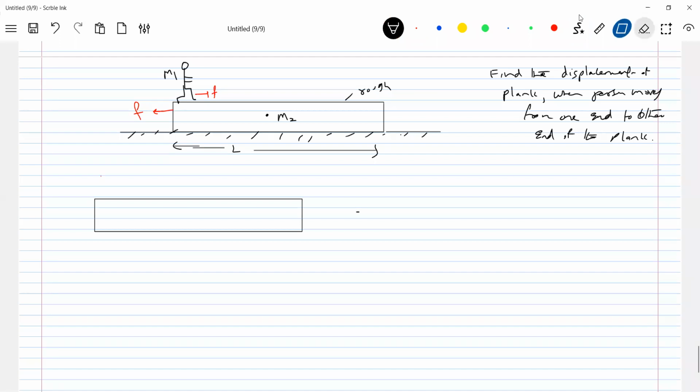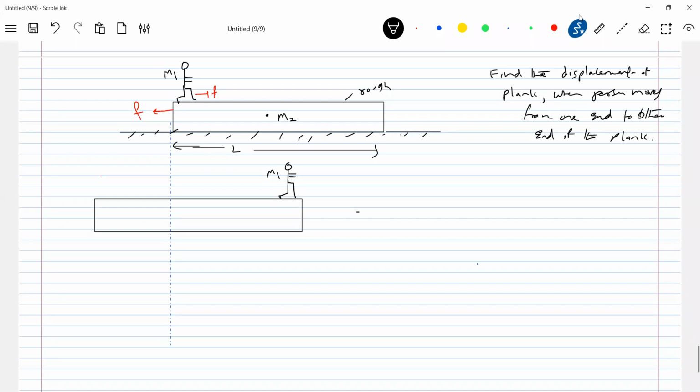So let me take this as the origin. It's a very basic problem. Let me take this as a reference, where finally the person has reached the other end of the plank.